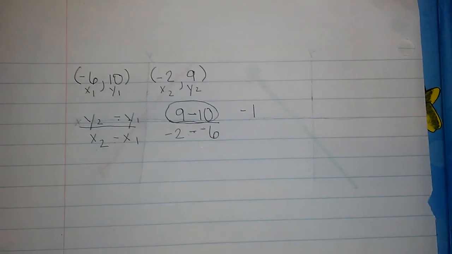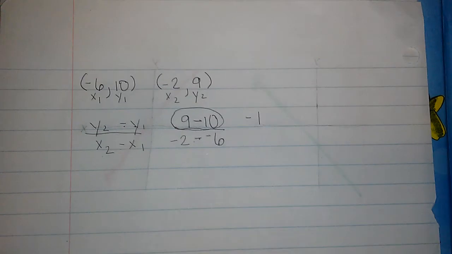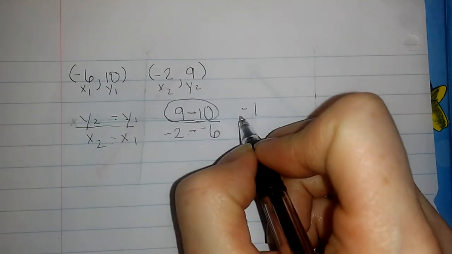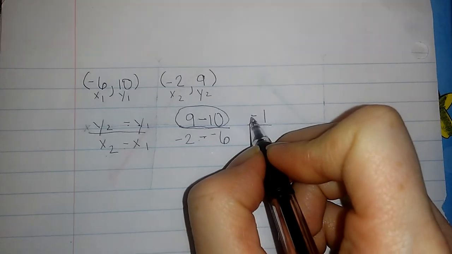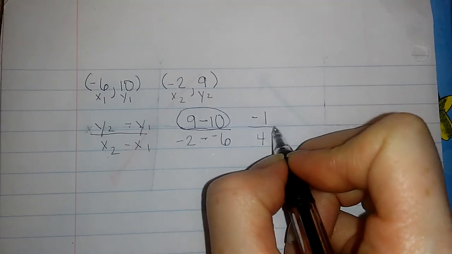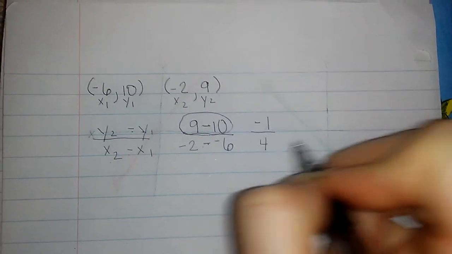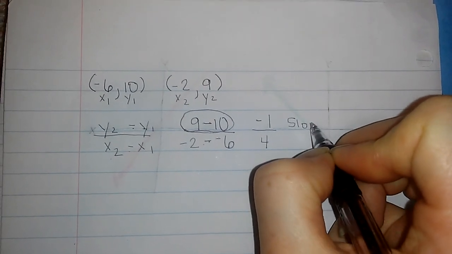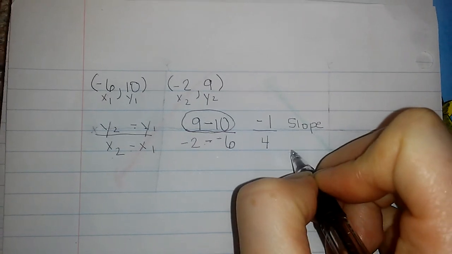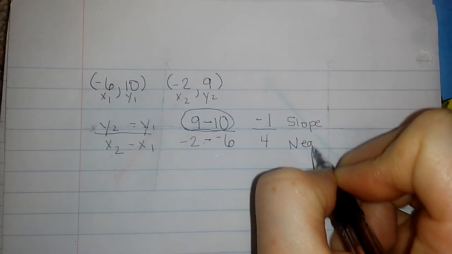Take away a -6. That is going to be a +4. Now, looking at my formula, it is -1 over 4. This is our slope, you guys, and this is a negative slope because of that negative symbol.